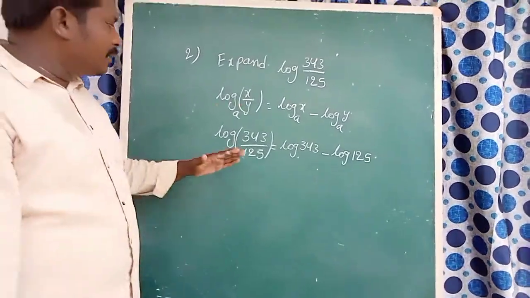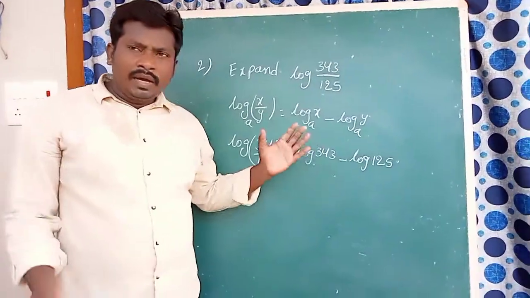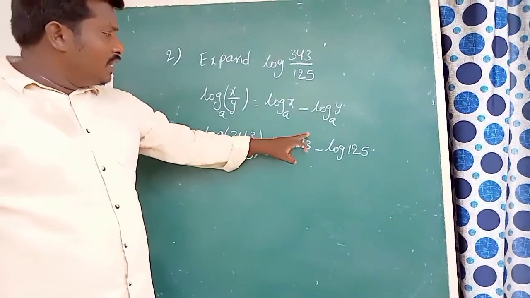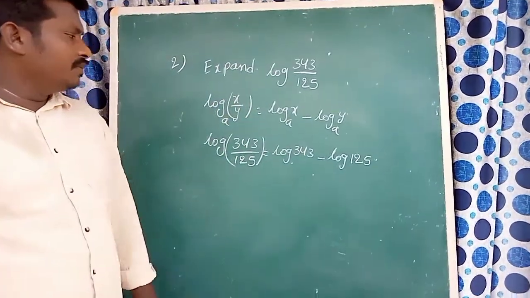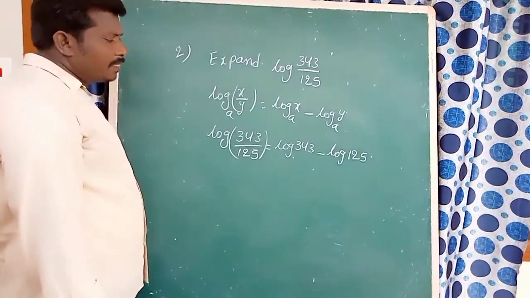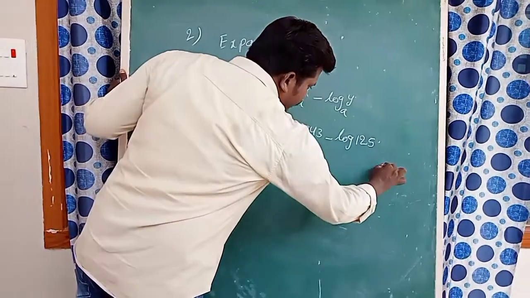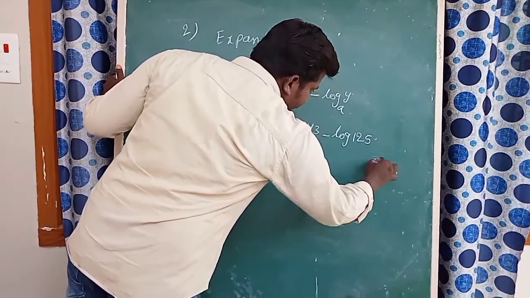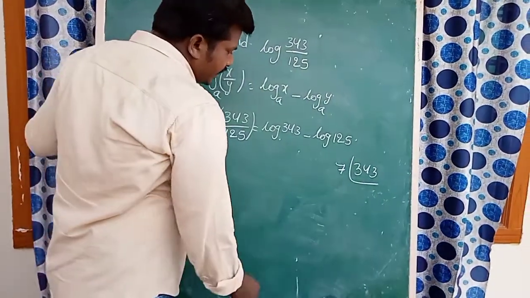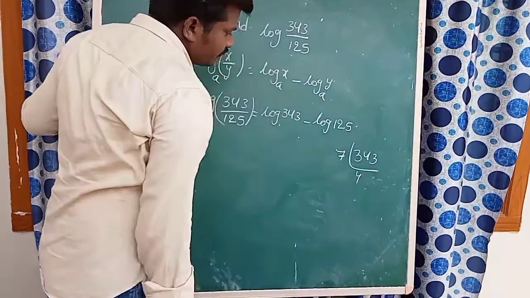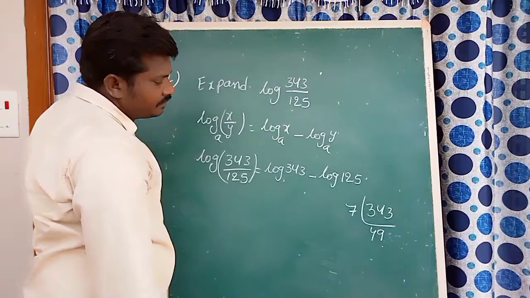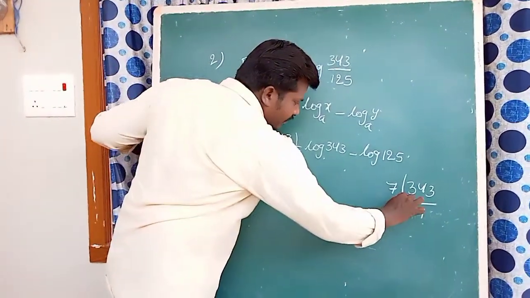So the formula is applied, and again you have to reduce the values into irreducible form. How can you write 343?